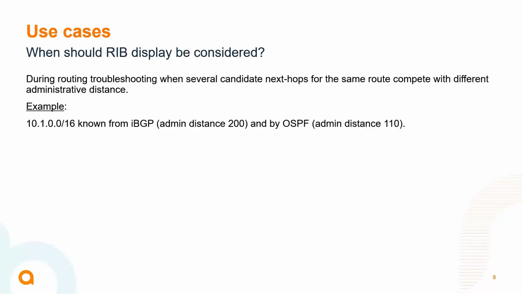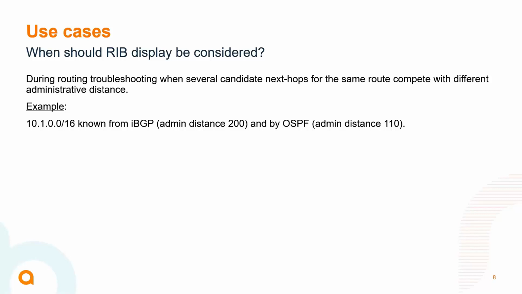So the use cases. When should I use the RIB new command? Obviously, during a routing troubleshooting session where you have several candidate next hops for the same route competing with different administrative distances. As an example, I've got 10.1.0.0/16 that is known from internal BGP and from OSPF. Internal BGP admin distance is 200, OSPF is 110, so OSPF will win.